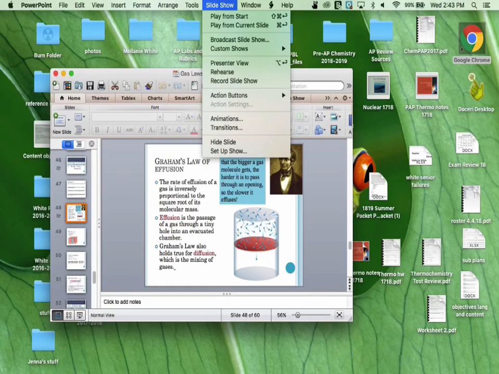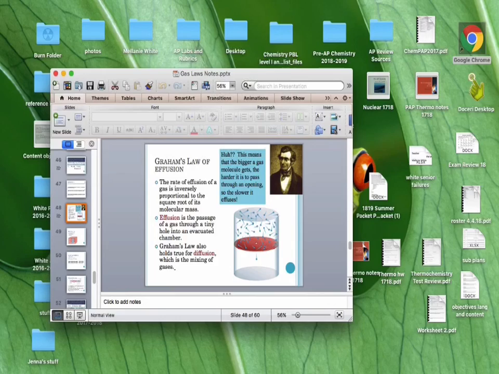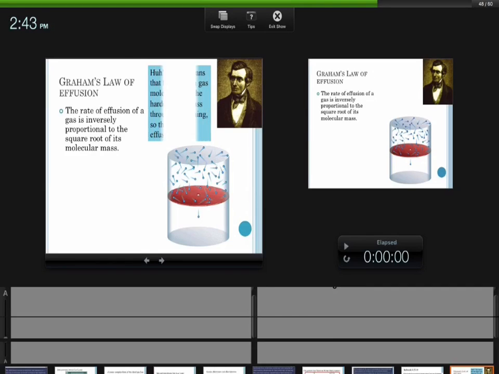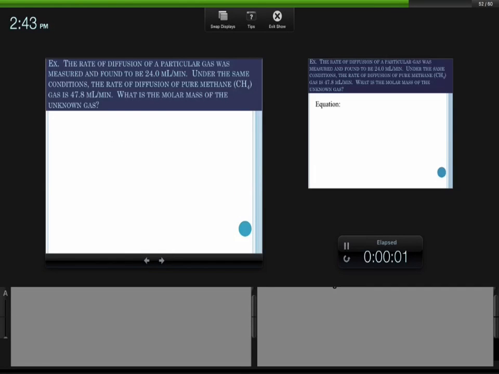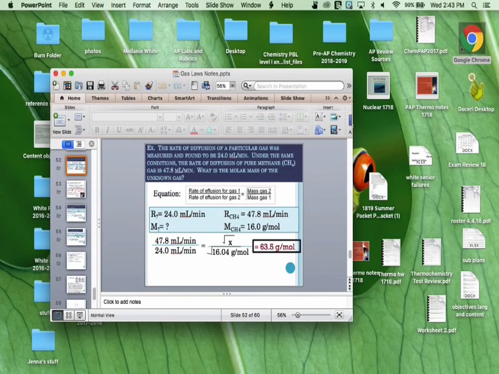Slideshow. Is it going? Yeah. Okay, anyways, I think we were right.